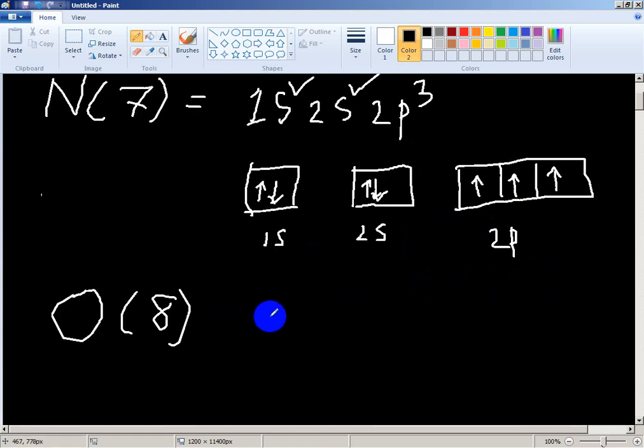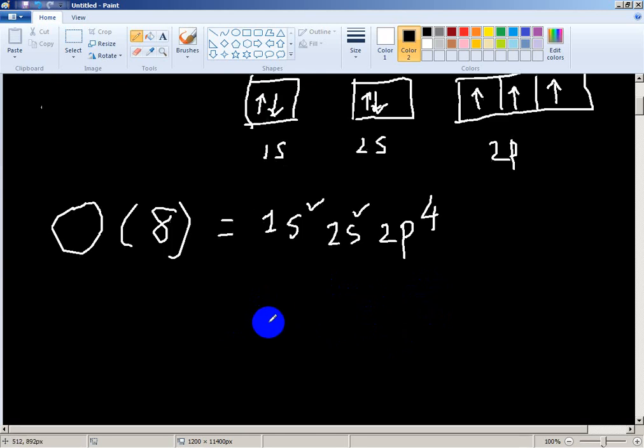Now oxygen, 8 electrons: 1s2, 2s2, 2p4, that makes 8 electrons.